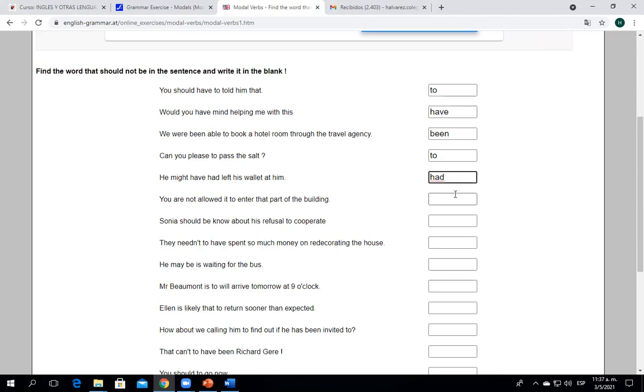I know it's had, but I don't know exactly why. It is a compound tense using a modal with have and left, which is perfect. A perfect modal: might have left. Podría haber dejado. Oh, okay.